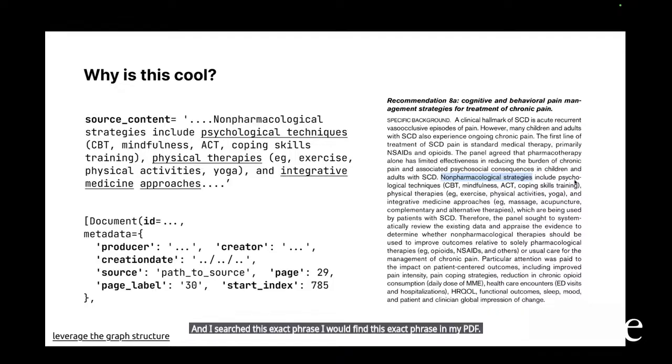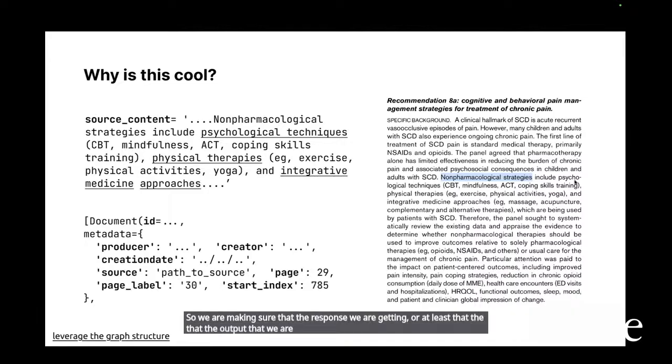So we are making sure that the output we are getting is tied to the PDF, and we can actually trace this. This example output here shows tags where we can actually find it. So the page where this information was extracted from is page 30.